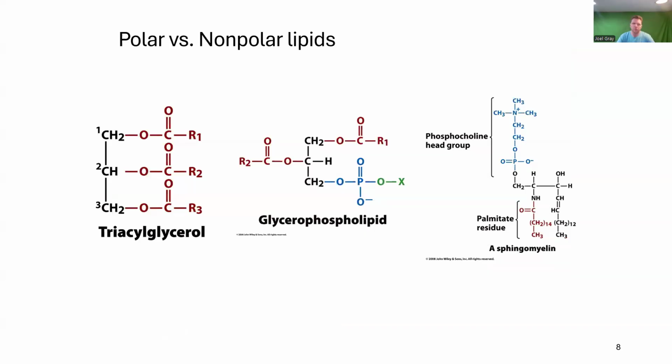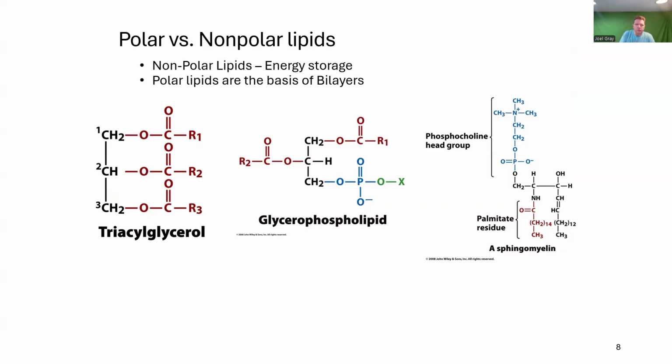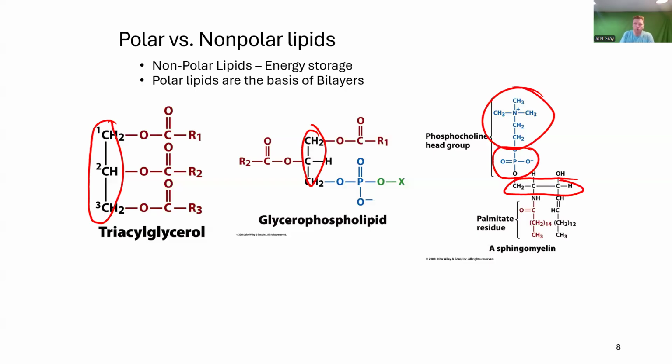Now, the other place we can go, whenever we talk about polar and nonpolar lipids, is to, again, bring your attention to this three-carbon backbone right here and right here, respectively. And I want to draw your attention to this right here. This is another three-carbon backbone. The difference is that we've got a phosphate group, just like a glycerophospholipid, and that's got a head group, so that's a polar group.